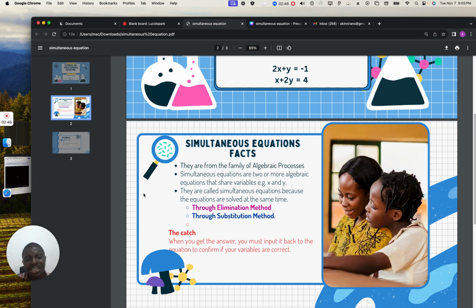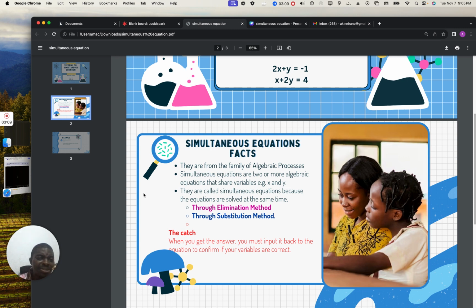The catch is that when you substitute your values of x and y into equation 1 or equation 2, you must get the value at the right hand side of that equation.